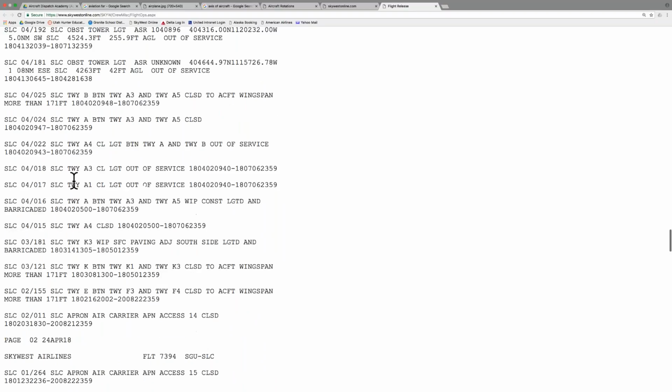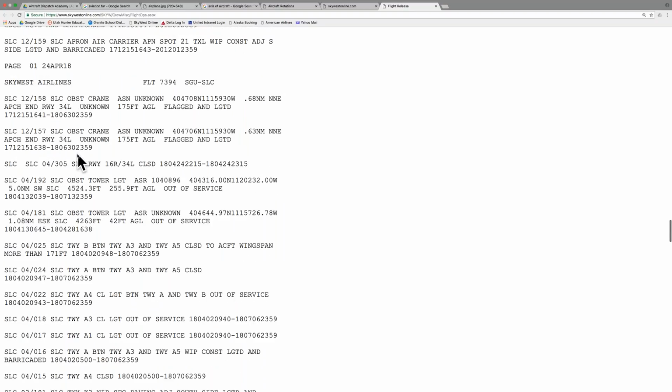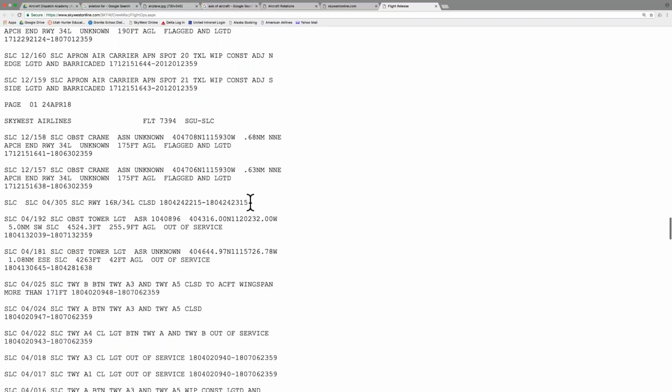We don't really care about things like taxiways or obstructions. Those are things that pilots worry about, but we worry about things like this. This is like something that we see. We'll see runway closures like this. This is telling us that at Salt Lake City, one of the runways is closed on the 24th, so today at 22:15 Zulu, which is what we call universal time.